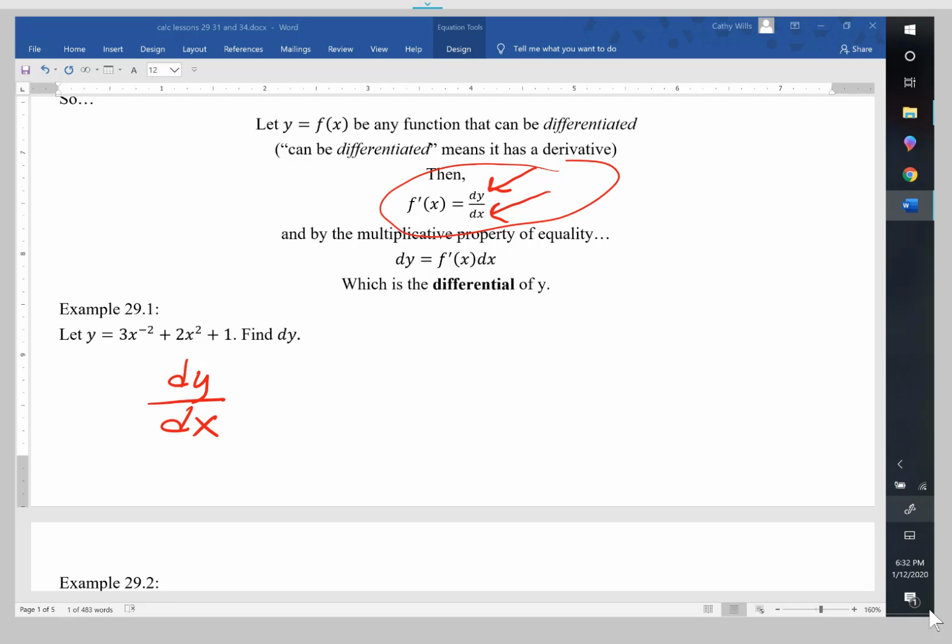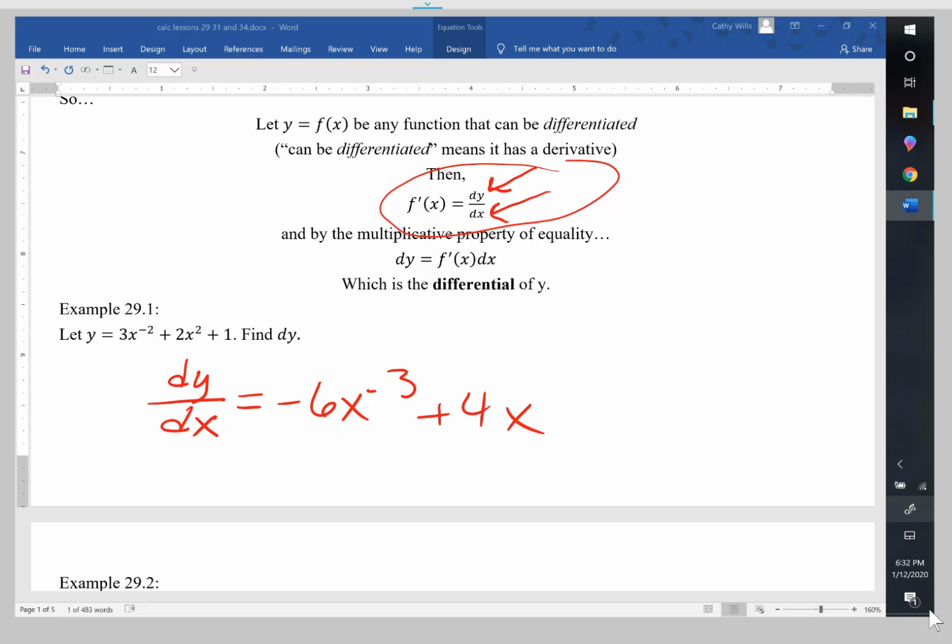The change in the value of the function divided by the horizontal change. And that is going to be the derivative. So the derivative of this function with respect to x, because x's are the things you put into this function, is going to be negative 6x to the negative 3 plus 4x plus 0.